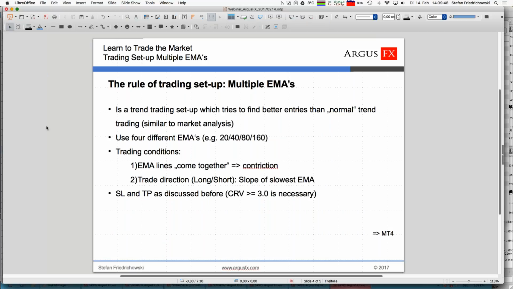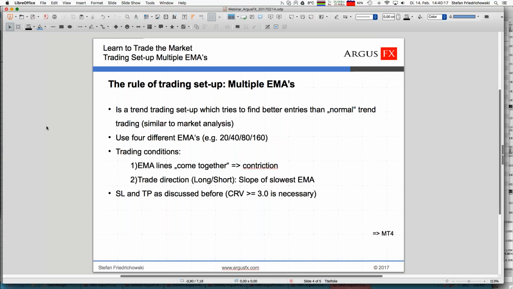And yes, the name is already exactly what we are doing there. Let me first describe it a little bit here on my slide, and then we go in practice to the MT4. We will set up the chart for that trading setup, and then look whether we maybe find already a good trading opportunity within our standard portfolio for the 8 different underlyings.